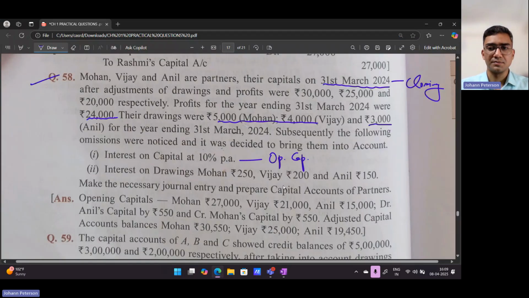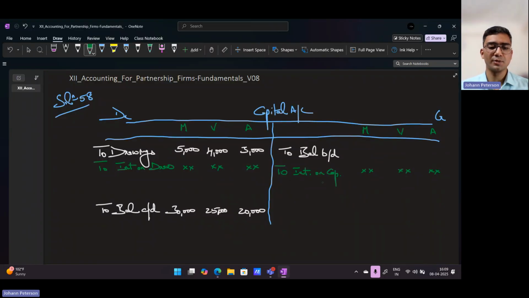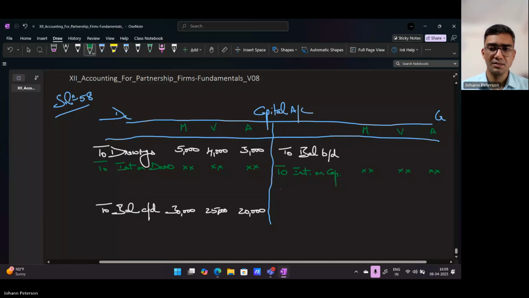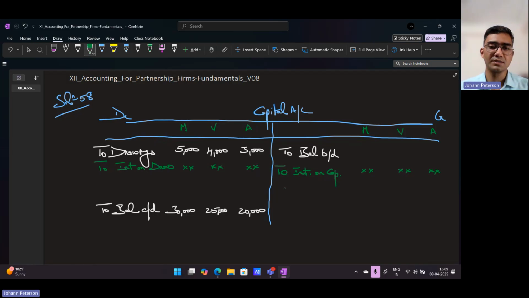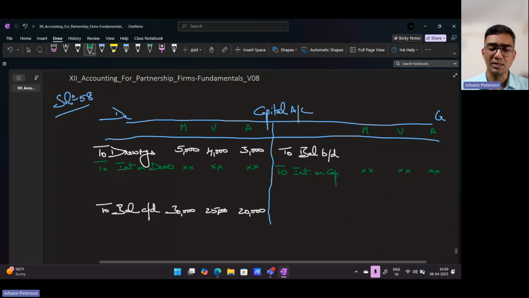Now, what are we left with? We are left with the profit figure. So the profit is 24,000. Now, 24,000 in this case would be divided between these partners in which ratio? It doesn't say about any ratio, so therefore I will divide this equally.